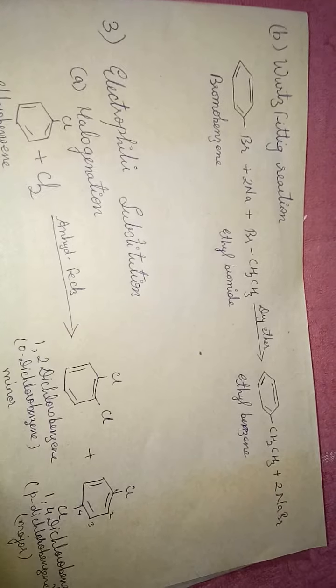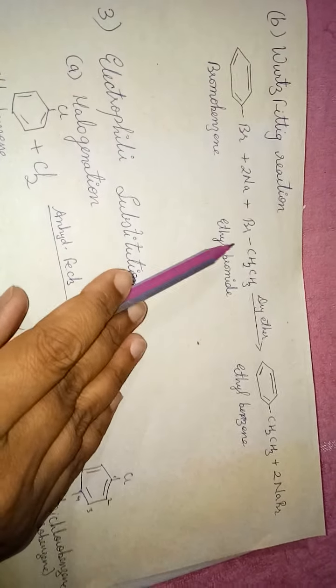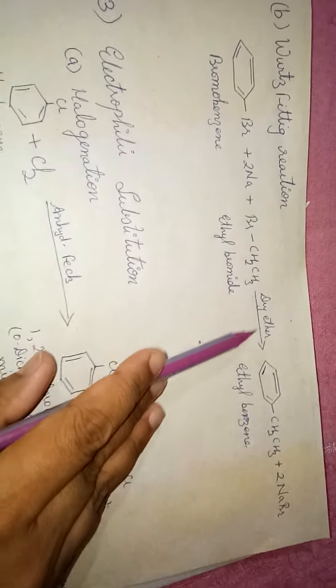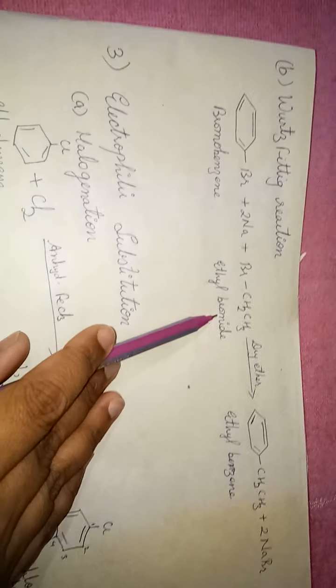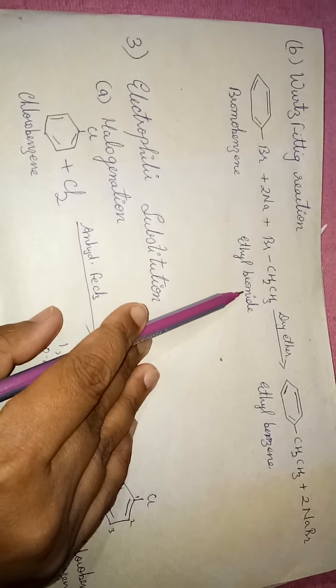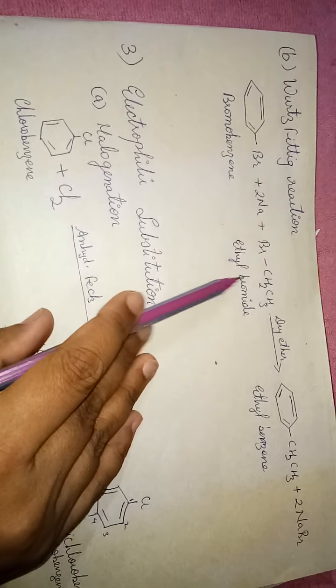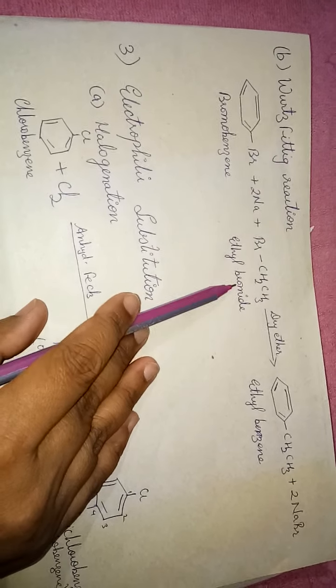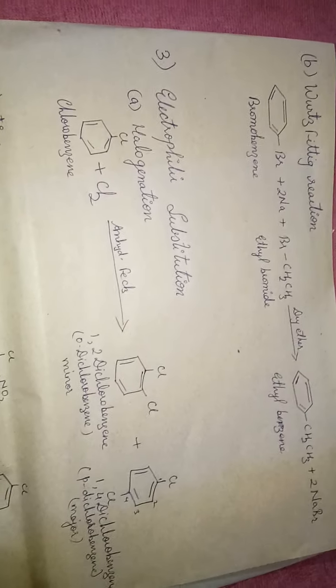Then you will study Wurtz-Fittig reaction, where bromobenzene reacts with ethyl bromide and sodium metal in the presence of dry ether to give you ethylbenzene. This is your Wurtz-Fittig reaction. You have studied Wurtz reaction in haloalkanes, and now you are studying Fittig as well as Wurtz-Fittig reaction in haloarenes also.